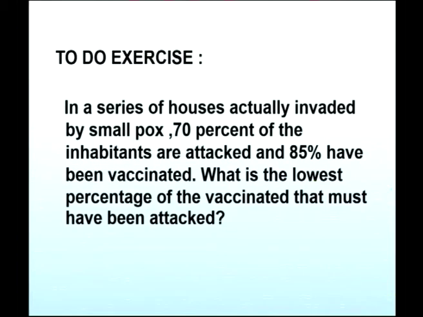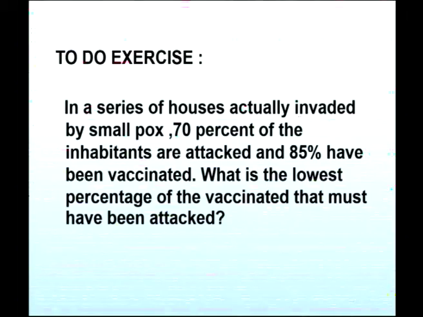Based on this discussion, the exercise which you can do is given. In a series of houses actually invaded by smallpox, 70% of the inhabitants are attacked and 85% have been vaccinated. What is the lowest percentage of the vaccinated that must have been attacked?